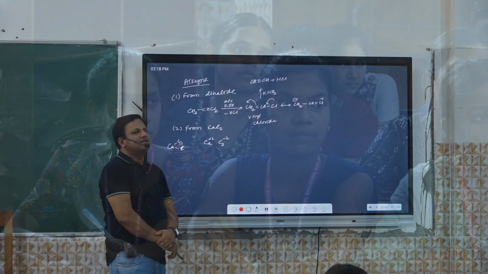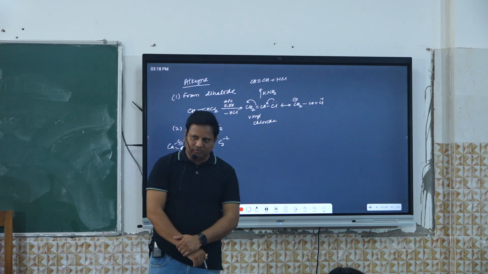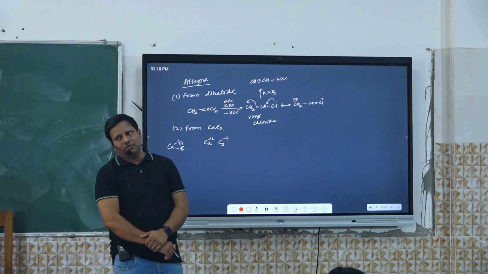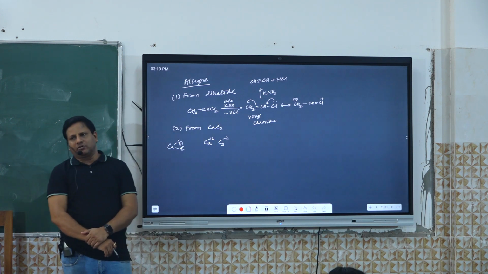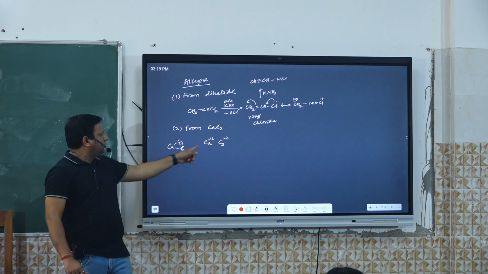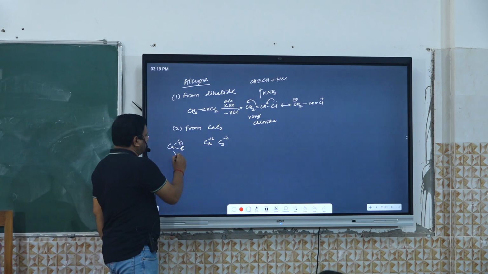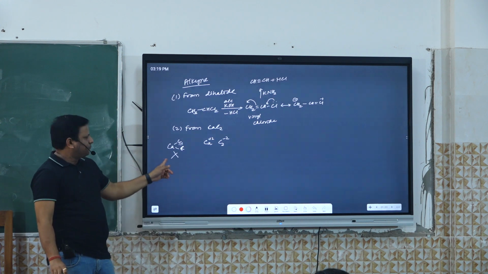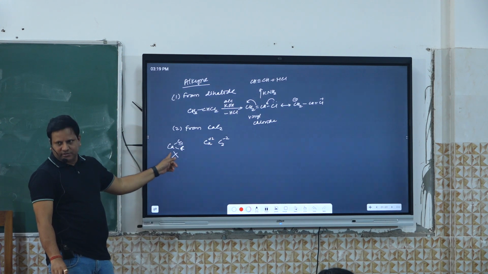The bond line formula represents sharing of electrons. Calcium carbide contains an ionic bond as well as a covalent bond: a covalent bond between the two carbon atoms, and an ionic bond between calcium and carbon. An ionic bond cannot be represented by a bond line formula, so this is not the structure. Even some refresher books give this structure, but it is incorrect.